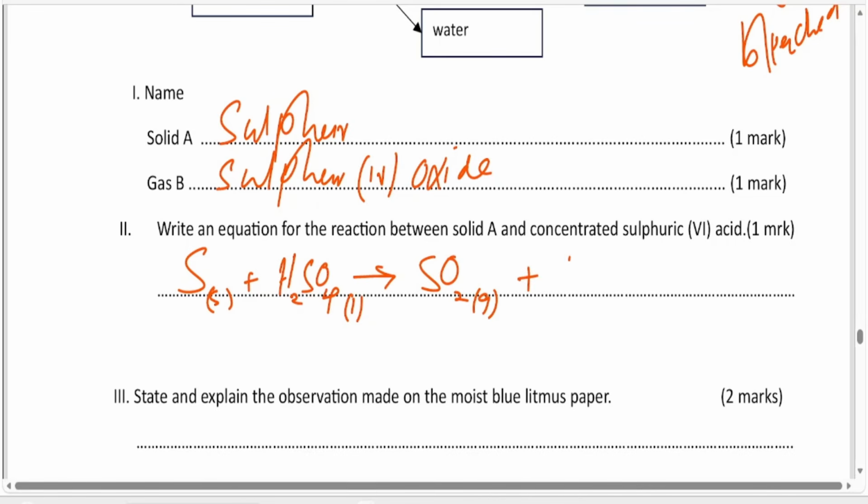Then I obtain water. I balance sulfuric acid with 2, sulfur IV oxide with 3, and water with 2. That equation will give you a whole 1 mark.